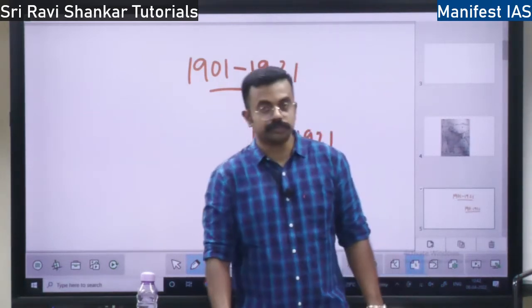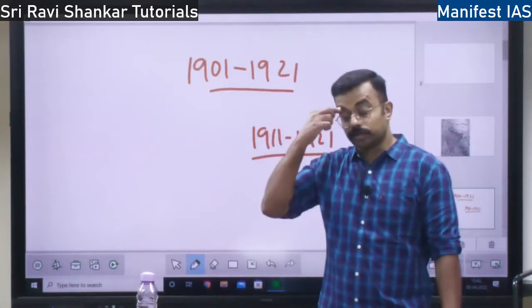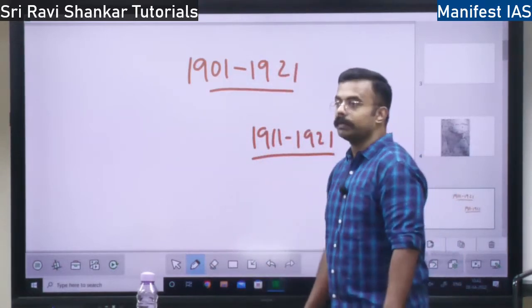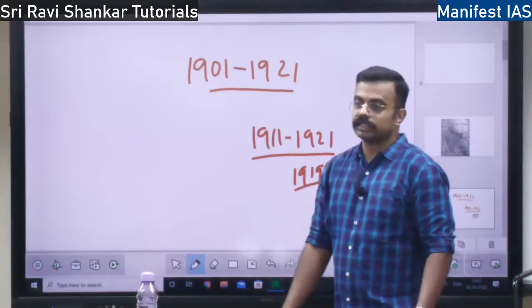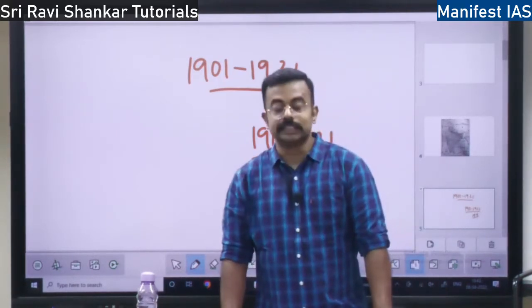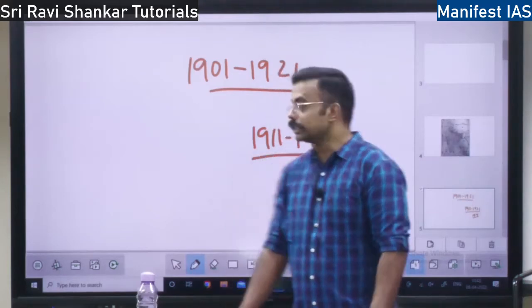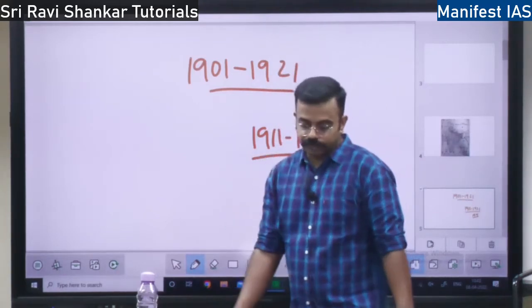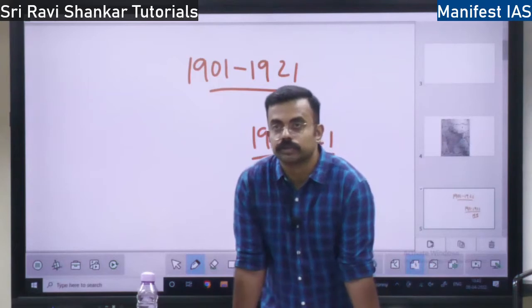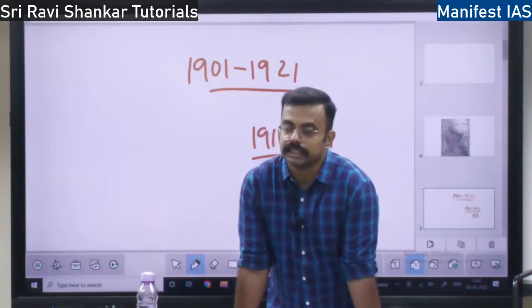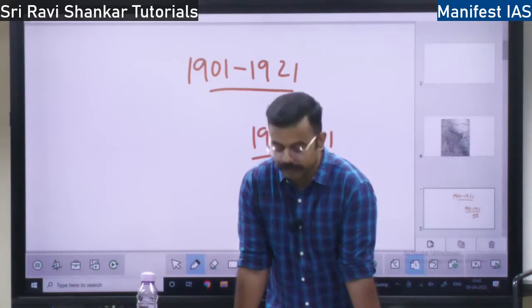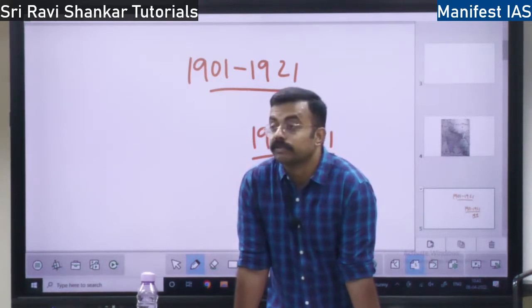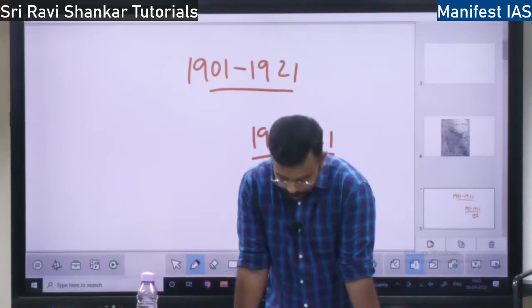Decrease because of the First World War and many pandemics; the Spanish flu happened in 1919, just like COVID. So in this phase, why was population growth very low? It doesn't mean the birth rate decreased. Birth rate was always high, but death rate was also high. More the births, more the deaths.